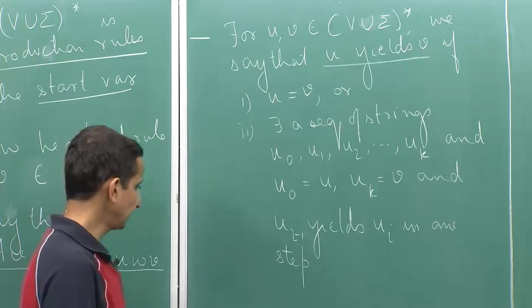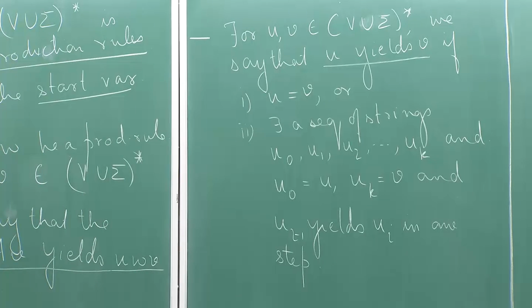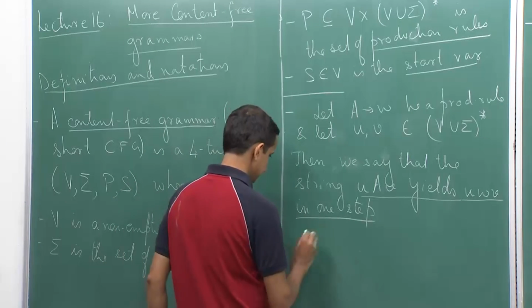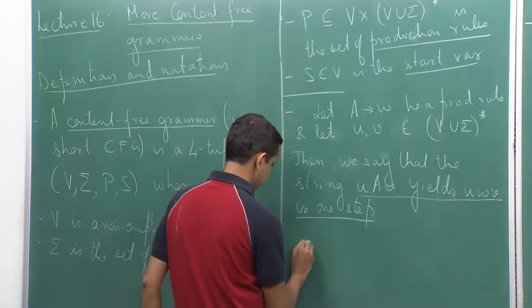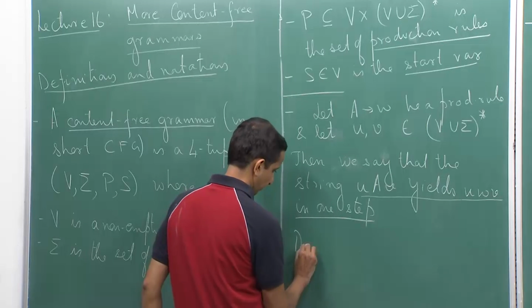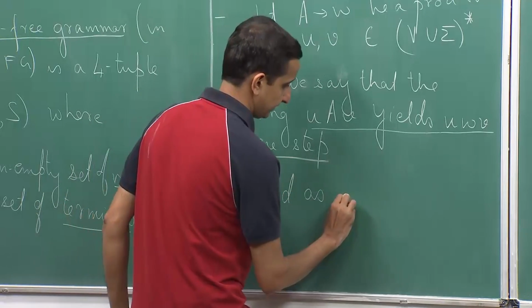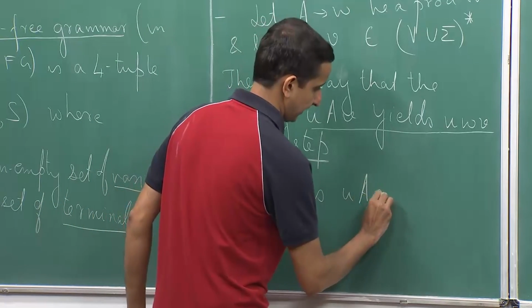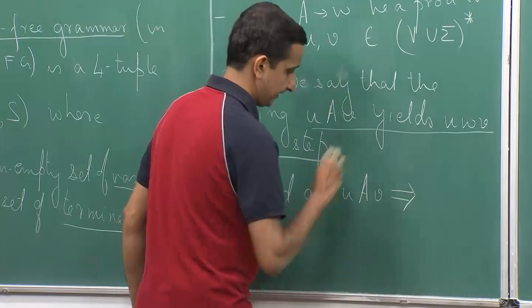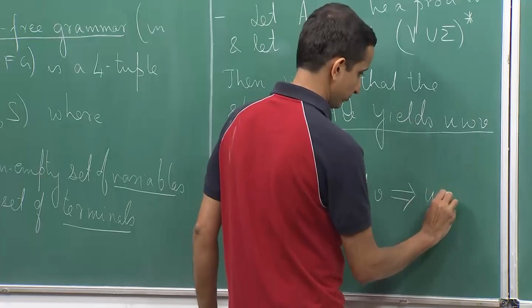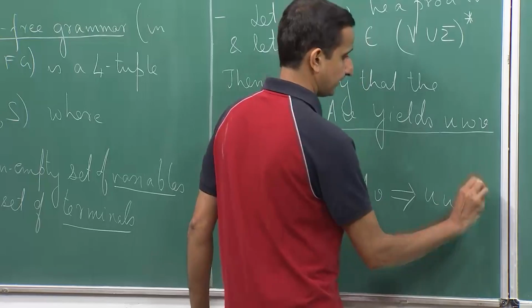So this is denoted as UAV with a double arrow going to UWV.